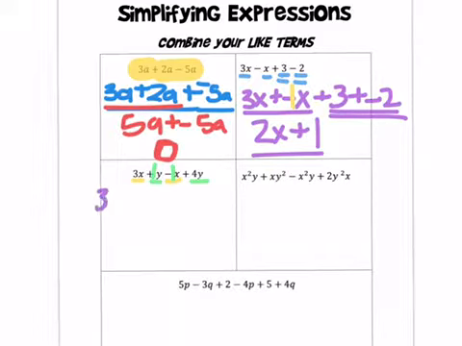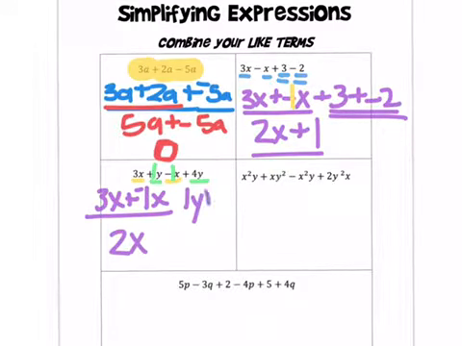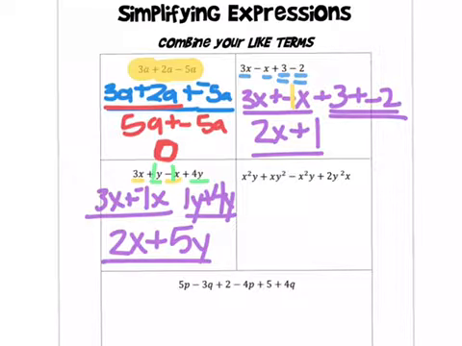So we have 3x minus 1x, or plus a negative, if you guys want to keep change. And that becomes a 2x. Then you are left with 1y plus a 4y. When you do that, you get a positive 5y. Because it's positive, I added a plus sign, and that's your answer.